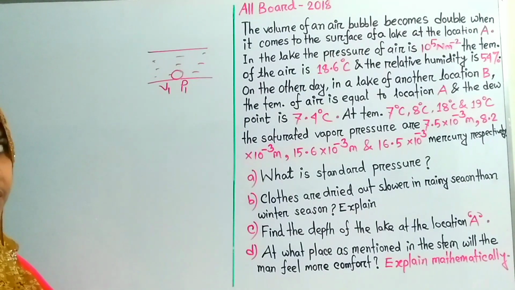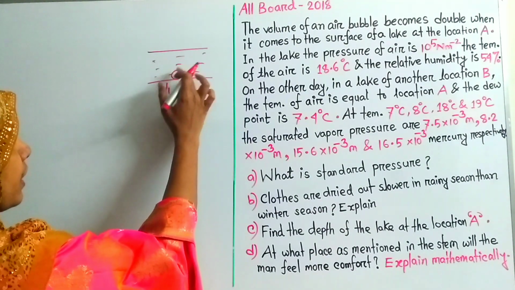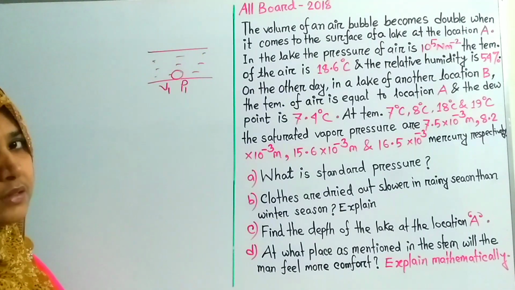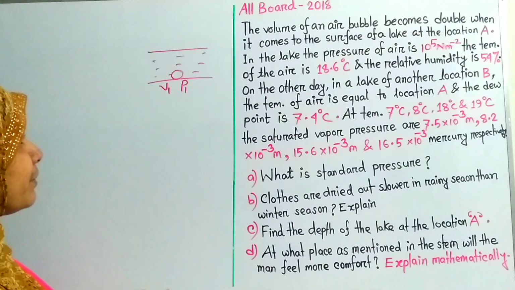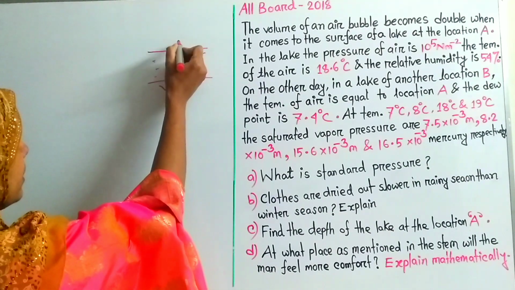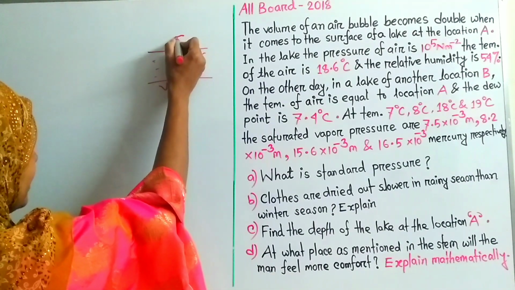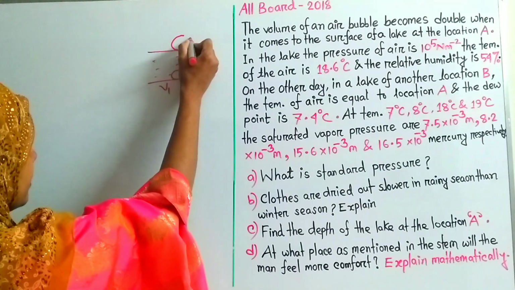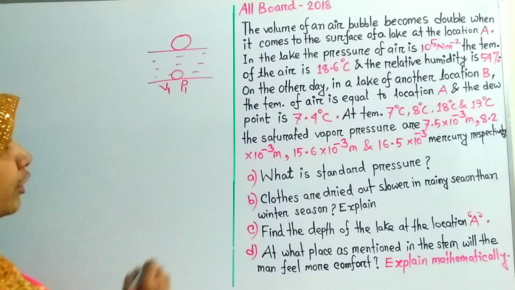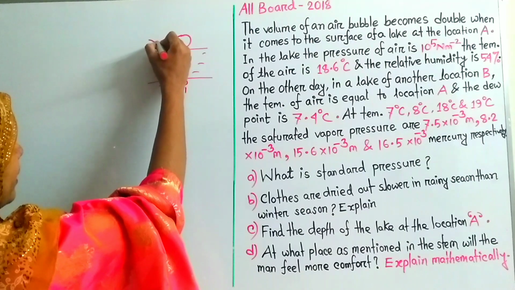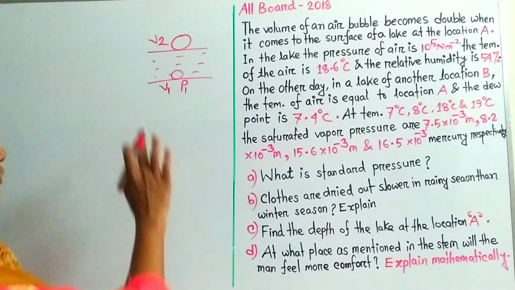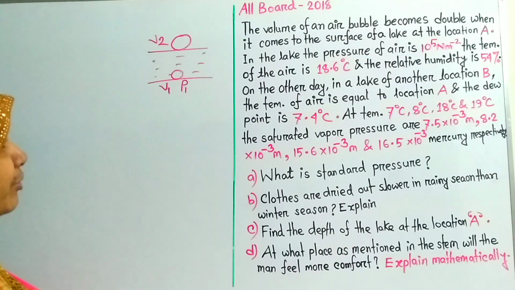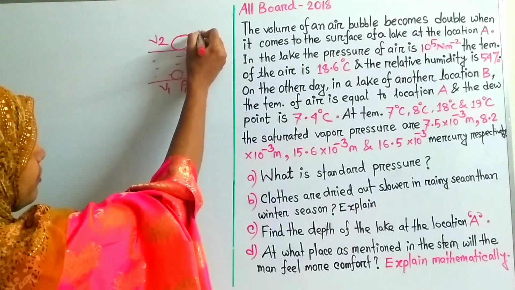According to the question, when this air bubble comes to the surface of the lake, its volume becomes double. We consider the volume of the air bubble at the surface as V2, and the pressure exerted on that bubble as P2.